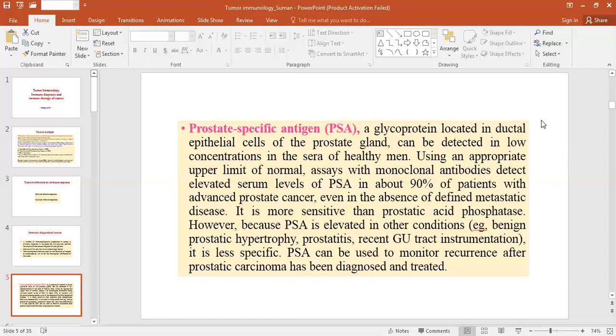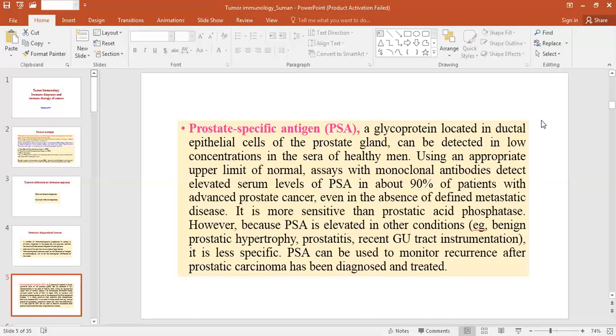So the antigen that is present in serum, the assay of the serum PSA level, is a very useful marker for prostate cancer, perhaps the most meaningful serum marker for neoplasia. In healthy men, the level of PSA varies between 0.6 at the age group of 21 to 30 and 1.5 nanogram per ml at the age group of 60 to 70.